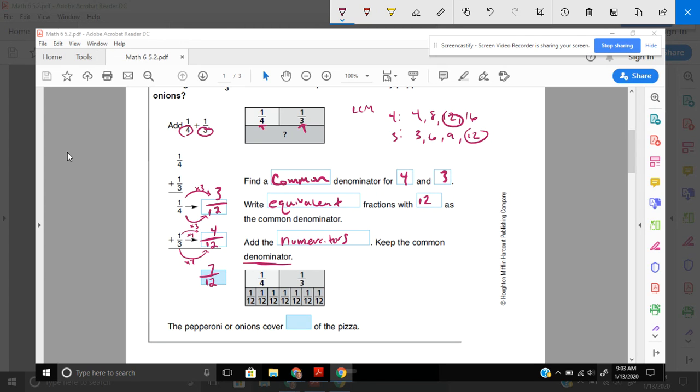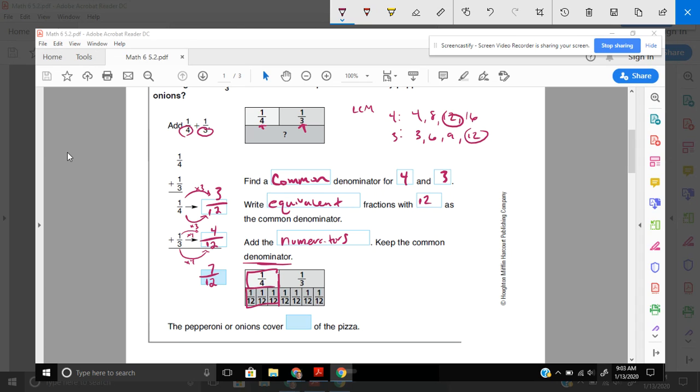Right? If you look here, this represents a quarter of space, and this represents a third. And then each one of these would be 12ths. There are 1, 2, 3, 4, 5, 6, 7 twelfths. And notice that for a quarter, there are 3 twelfths, the same as what I got here. 1/4 represents the same amount as 3 twelfths.